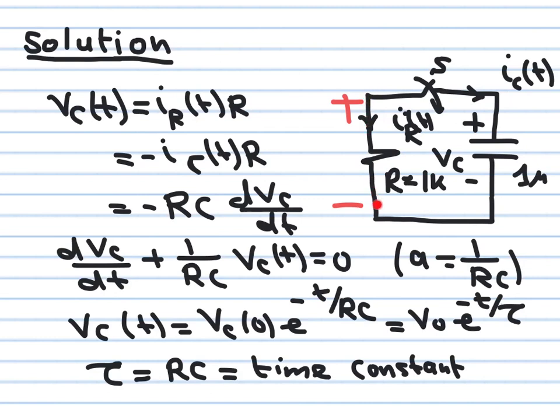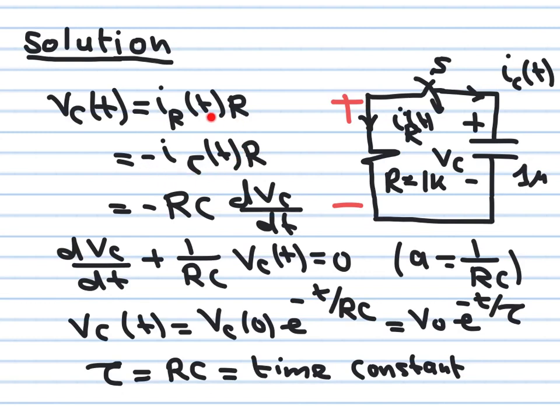But this IR is equal to minus IC. It's very important to notice that, because this is the reference direction of the capacitor current. It's assumed to be positive from positive terminal to negative terminal of the capacitor. So this current IR, which is flowing this way, is negative IC. So we can simply write that VC is equal to VR, which is IR multiplying R, but IR is minus IC.